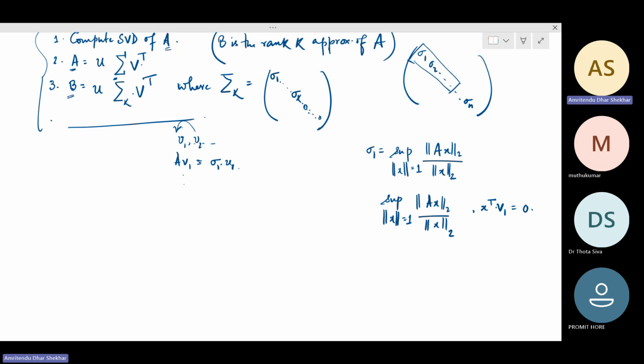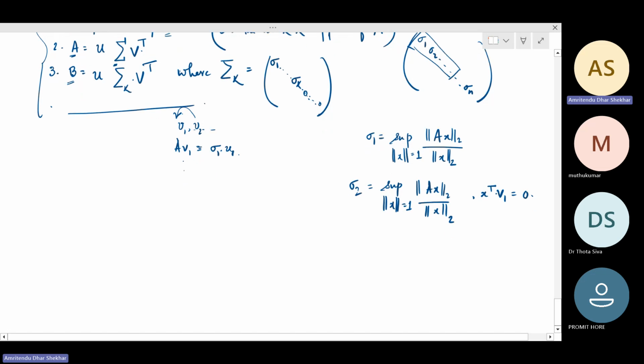If you have done problems on constrained optimization, then you can use something called Lagrange multipliers, and again you can solve this analytically. Likewise, when you want to compute, let's say, the kth singular vector, you solve this, but the constraints are as follows: x transpose v1 is equal to 0, x transpose v2 is equal to 0, and likewise x transpose v(k minus 1) is equal to 0.